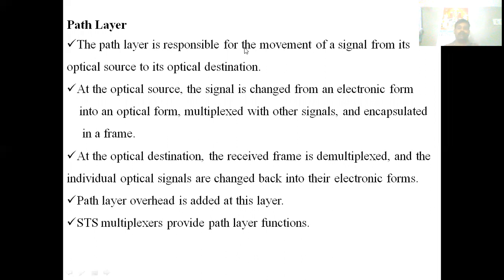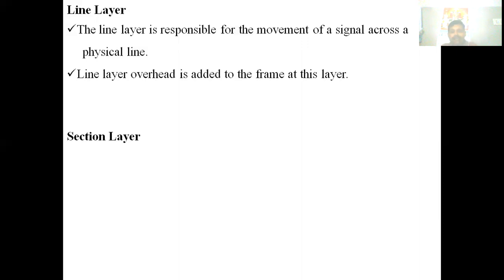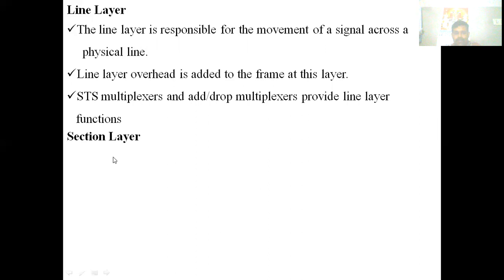Next one, line layer. The line layer is responsible for the movement of signal across a physical line, and line layer overhead is added. Then section layer. The section layer is responsible for movement of signal across a physical section.